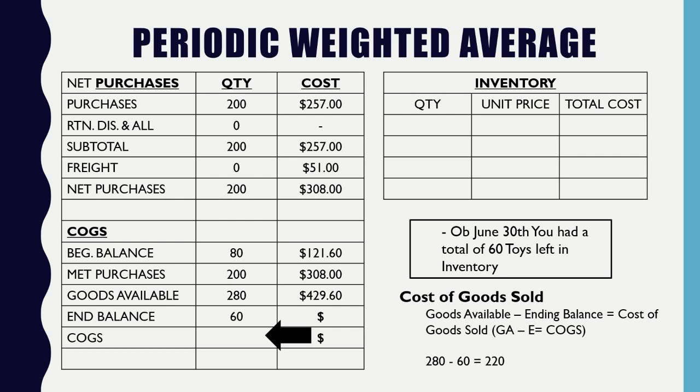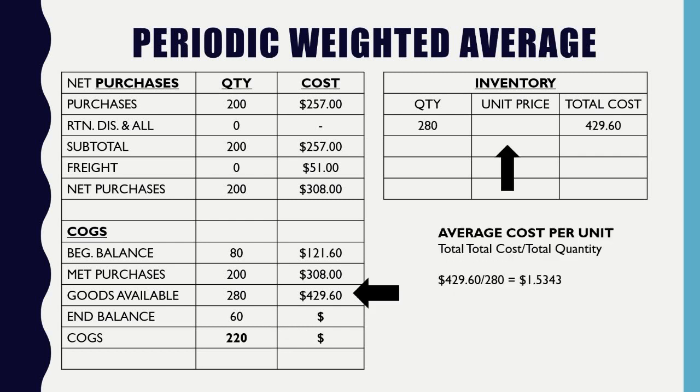And of course, we were also given that you have 60 units at the end of the day, so your total cost of goods sold quantity was 220. So again, now let's go ahead and figure it out. If you have a total quantity of 280 units and you have a total cost of $429.60, now solve for your average cost per item.